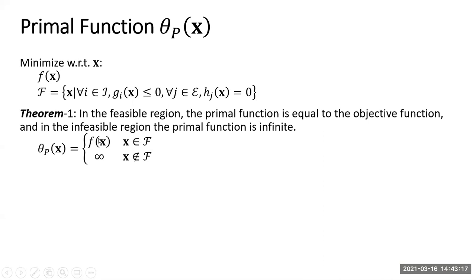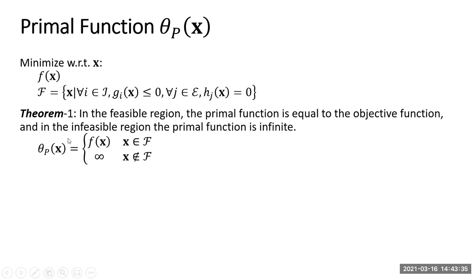Okay, now theorem 1. In the feasible region, the primal function is equal to the objective function. And in the infeasible region, the primal function is infinite.